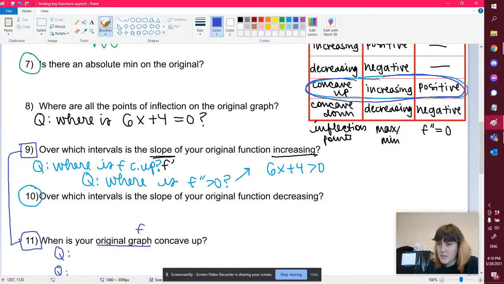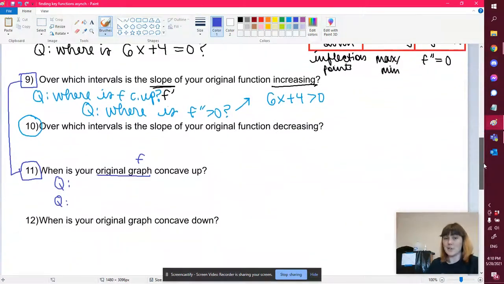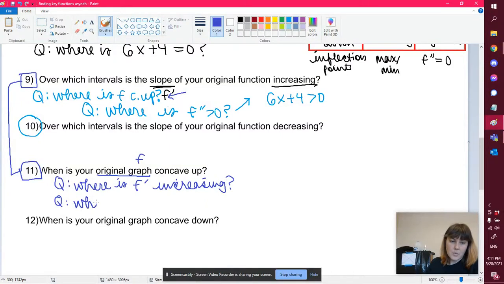We're basically asking the exact same question as number 9, which means we'll get the exact same answer. Pretty good, right? Whereas f concave up is the question we could have asked right here. We could have said, where is f prime increasing, which literally was the question for number 9. And then we could also say, where is f double prime bigger than 0, which is what we ended up answering.